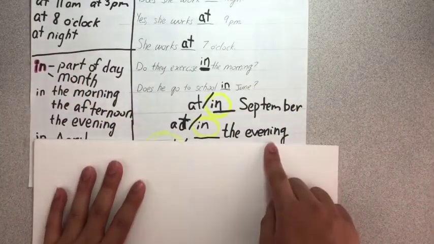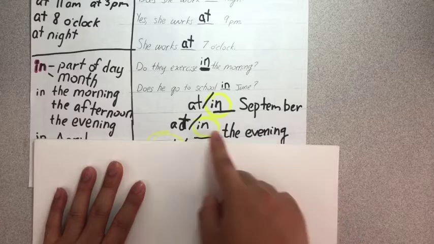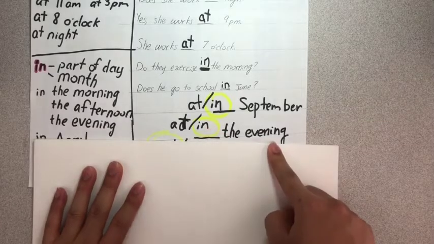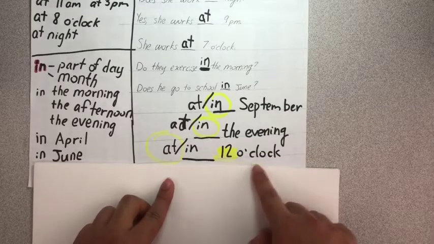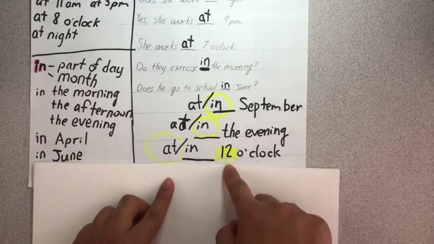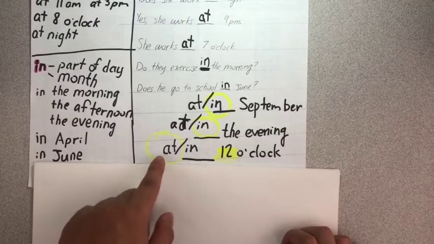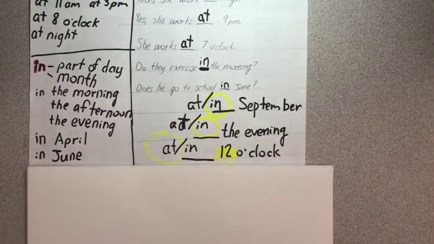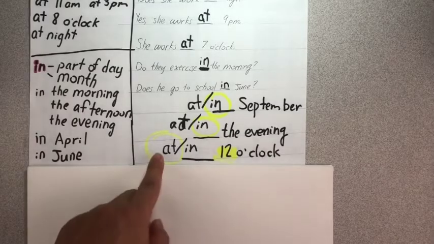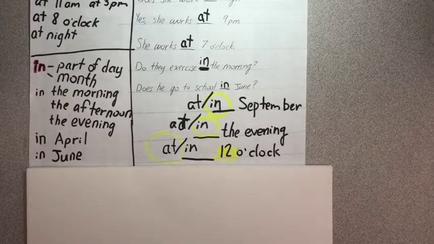The evening is a part of the day, so we say in the evening. If there is a time with a number, 12 o'clock, we always use at 12 o'clock. At 1 o'clock, at 1:30, at 1:59, we use at for time.